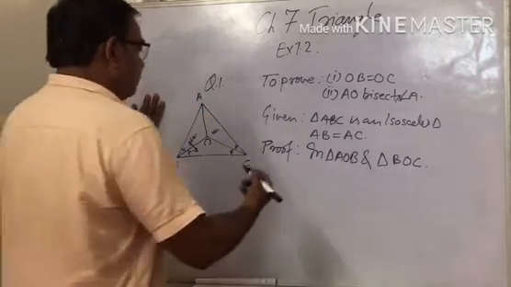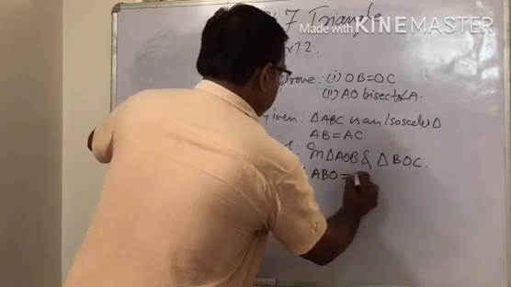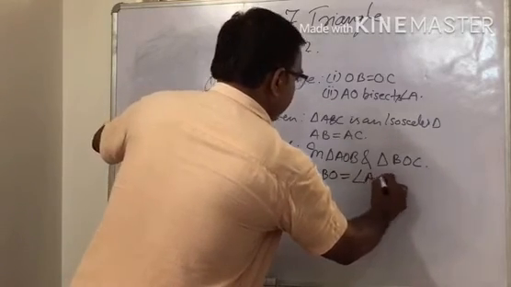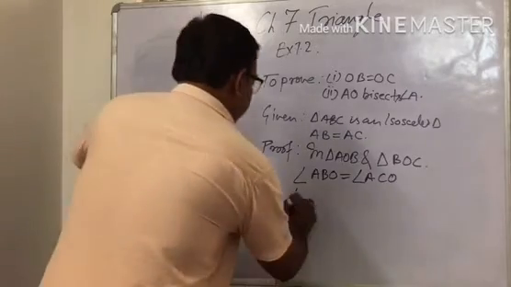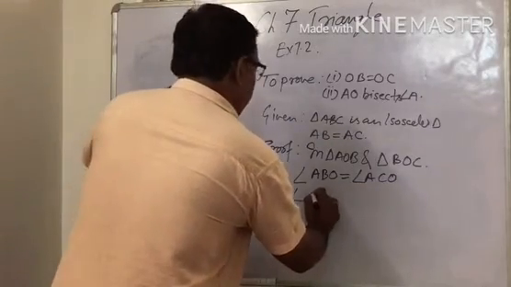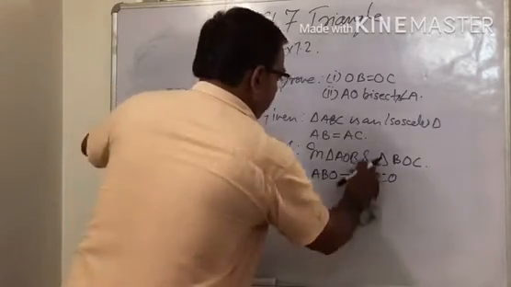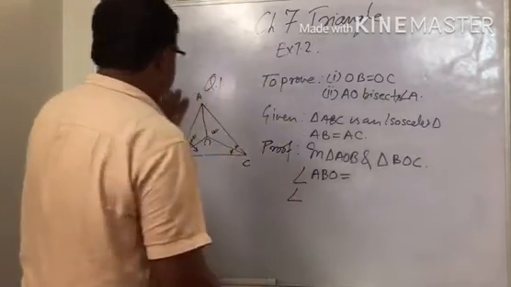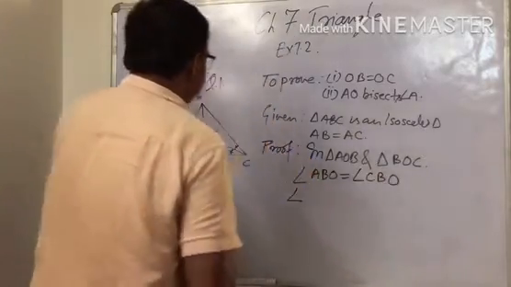we can use angle ABO is equal to angle ACO, then angle, not ACO, this is angle CBO.